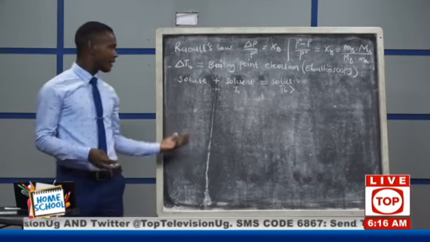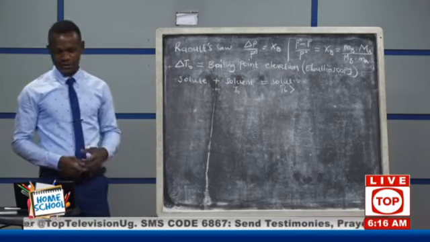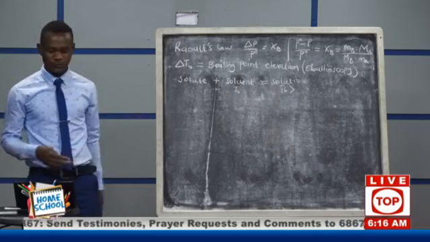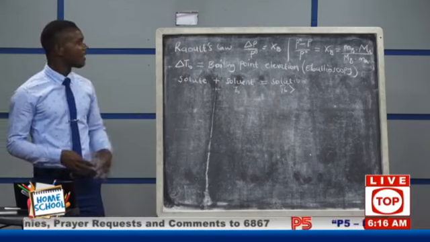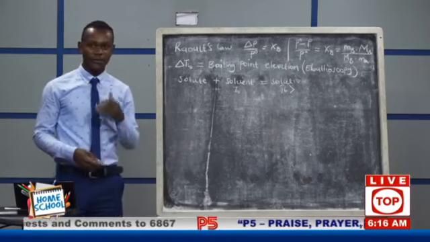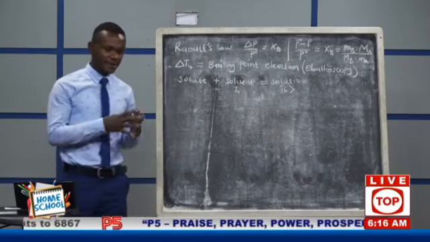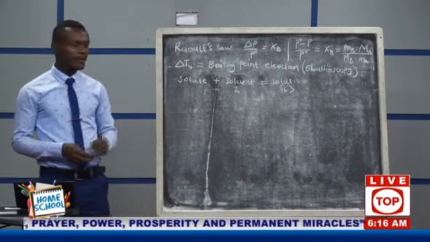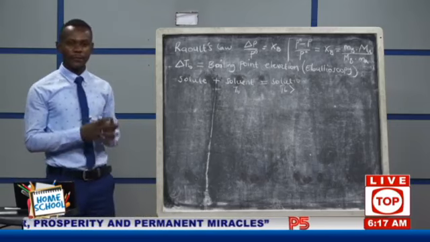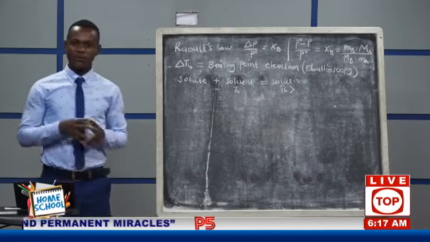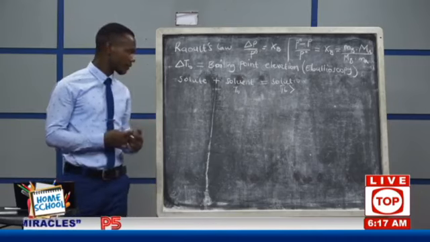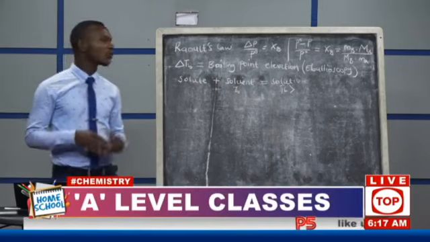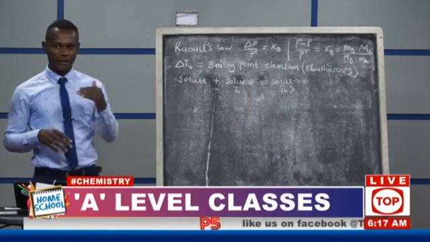So why is it that its boiling point changes? We see that the molecules of the non-volatile solute at the surface of the solution reduce the escaping tendency of the solvent. Remember, we said the boiling point is the temperature at which the liquid's vapor pressure is equal to the atmospheric pressure. For the liquid's vapor pressure to be equal to the atmospheric pressure, the solution should heat up to a given temperature.